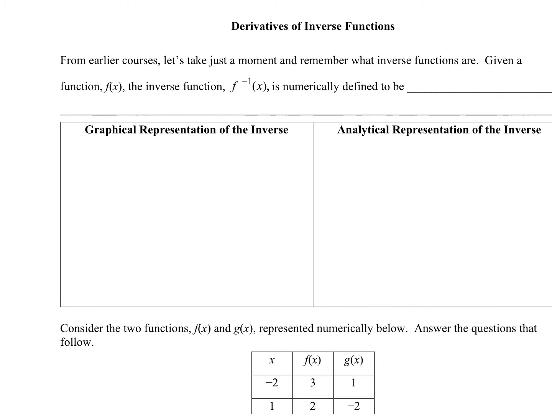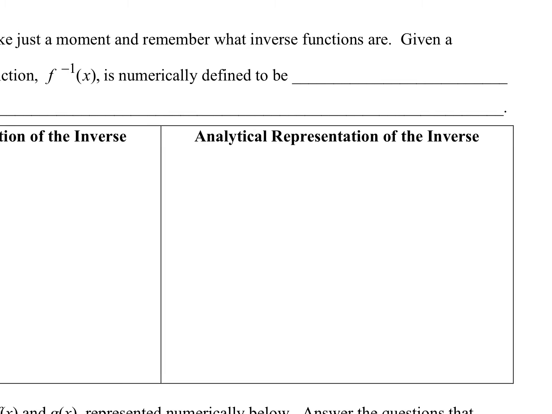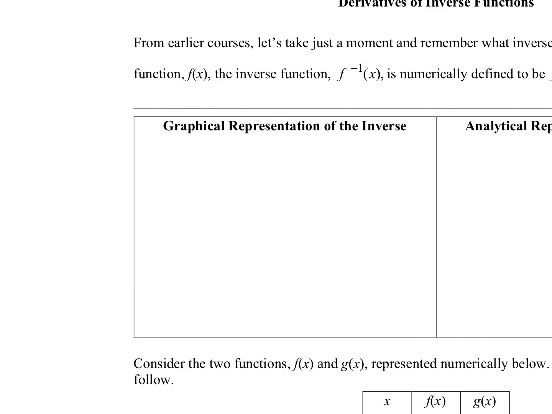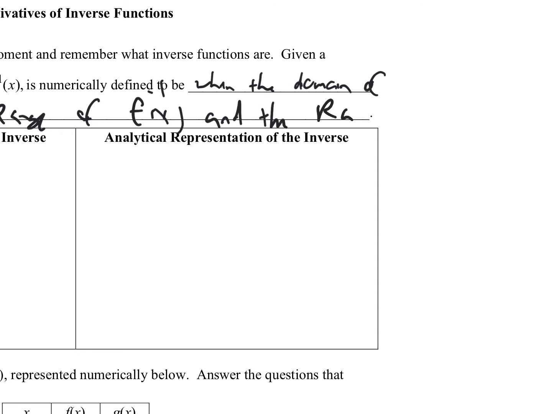But basically, in the other slide that I gave you, he wrote that numerically, the inverse is defined so that the domain of f of x becomes the range of f inverse of x, and the range of f of x becomes the what?